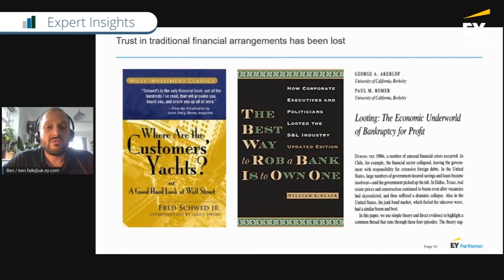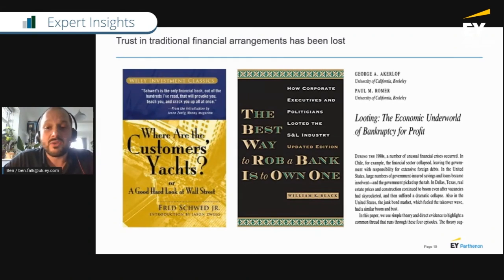And so to be sure, we've known there's a problem here, that trust in traditional financial arrangements has been declining for some time. On the left there is the famous book, Where Are the Customers' Yachts? A Good Hard Look at Wall Street, which was first published in 1940 and was republished in 2005 due to overwhelming demand.